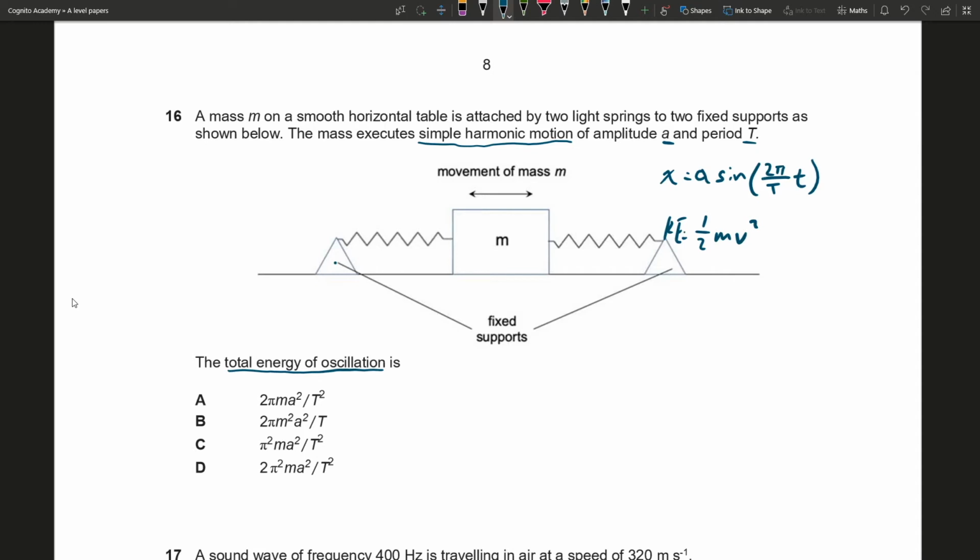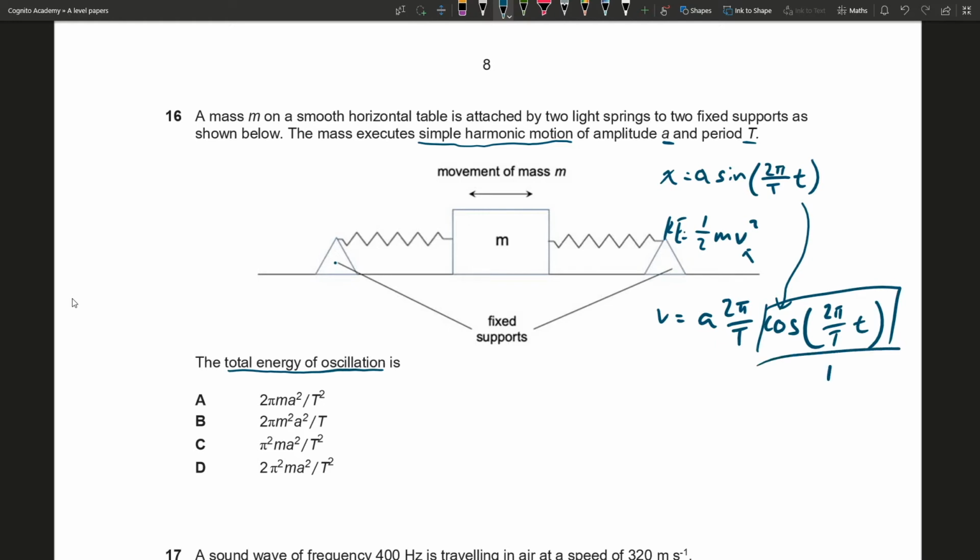So all we have to do to find the max kinetic energy is to find the max velocity, and remember that velocity is the derivative of our position with respect to time. An easy way to keep our facts straight is to just differentiate this. So this is equal to A times 2 pi over T times cosine of our angular velocity times time. And then our max velocity is when this cosine is equal to 1.